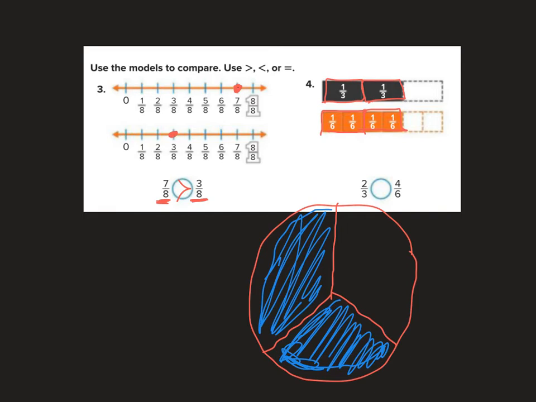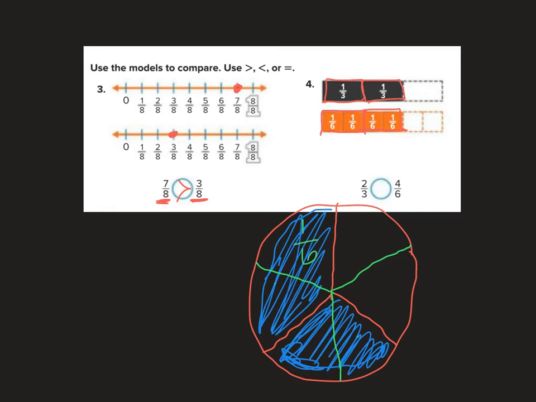And then my friend said, or I decide, these are kind of big. I want to cut them a little bit smaller. I take my 2 pieces, and I cut all the pieces in the pizza in half. Now, how many slices do I have? 1, 2, 3, 4, 5, 6. So, the blue represents 2/3.